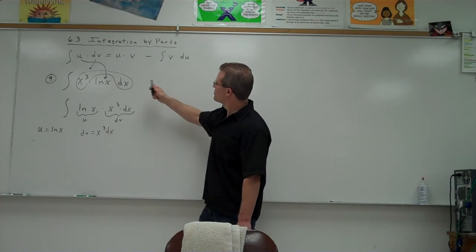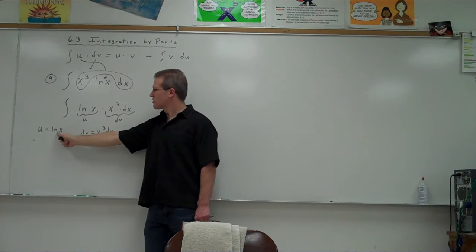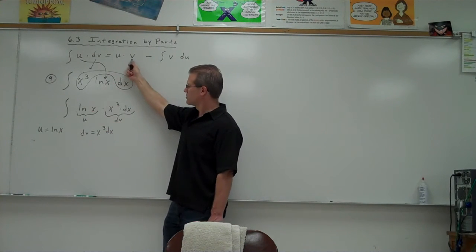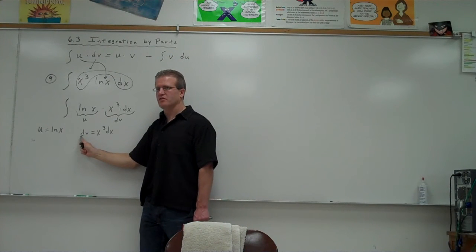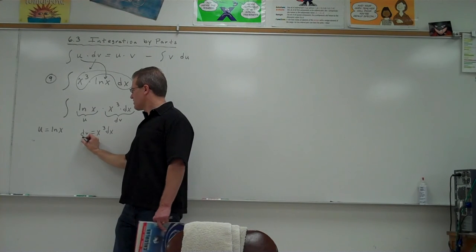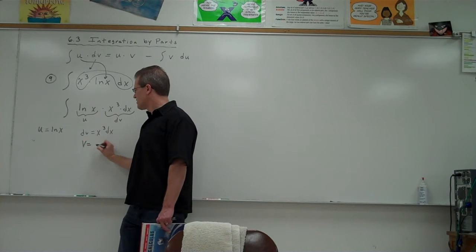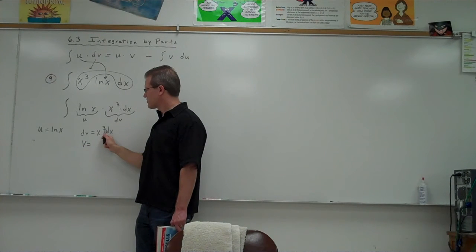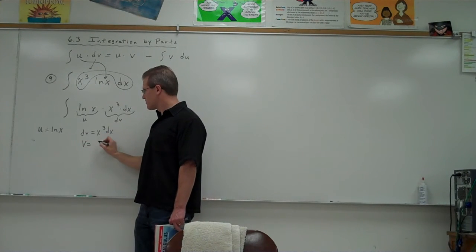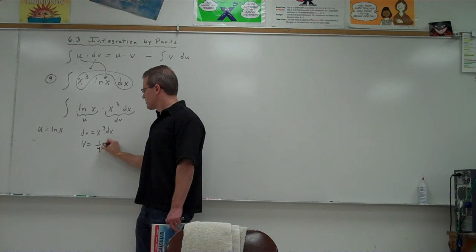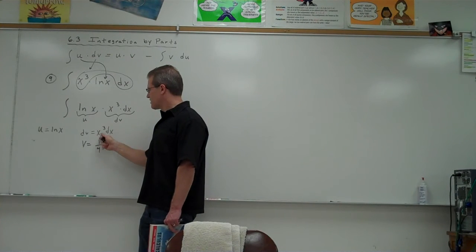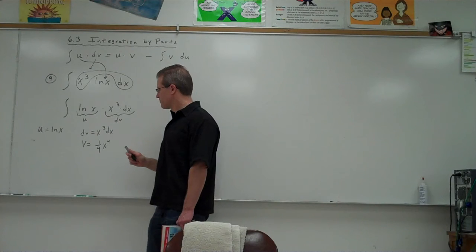Now, I can see in my formula I need to know u, which I know, it's natural log of x. I need to know v, so to get v I do the antiderivative of dv. So the antiderivative of dv, I make that one bigger, so the x to the fourth, multiply by 1/4 out front. And when we do an antiderivative, the dx would fall off.